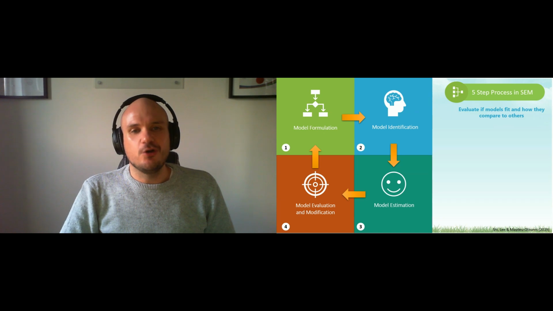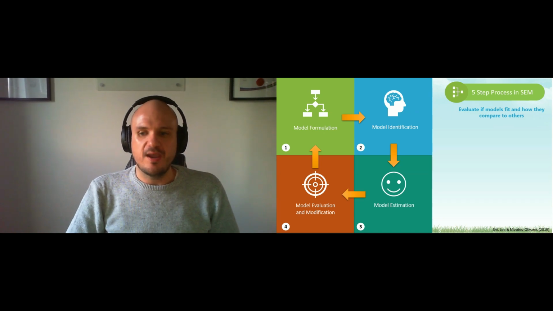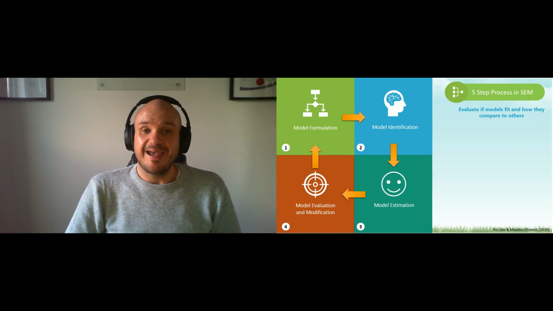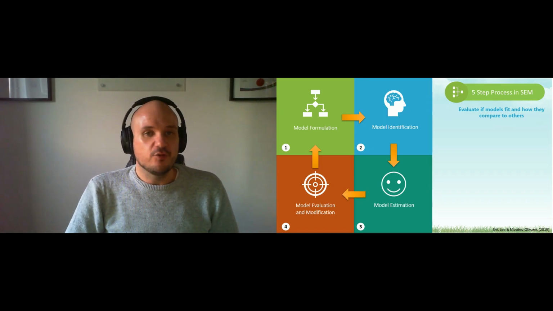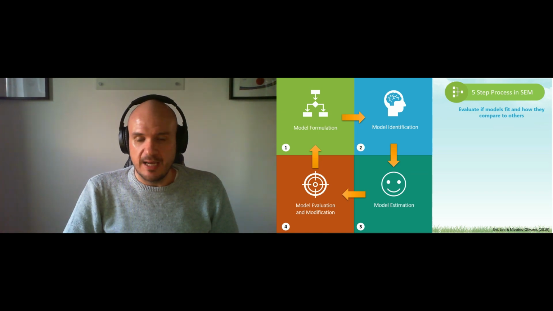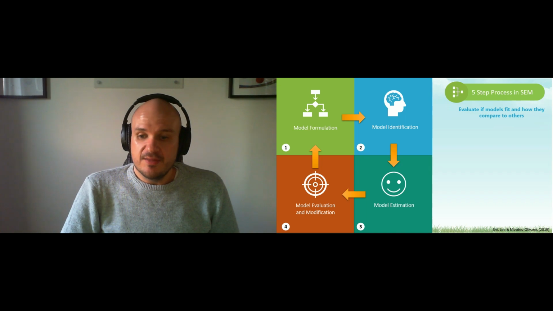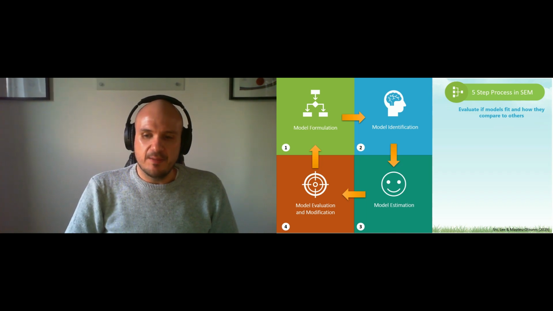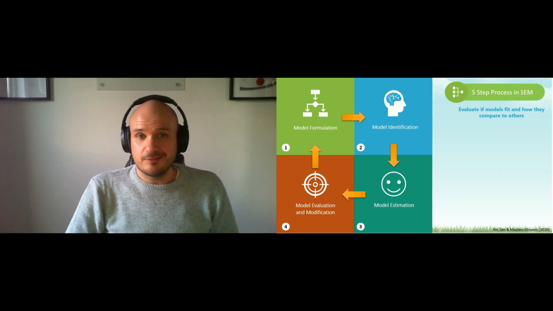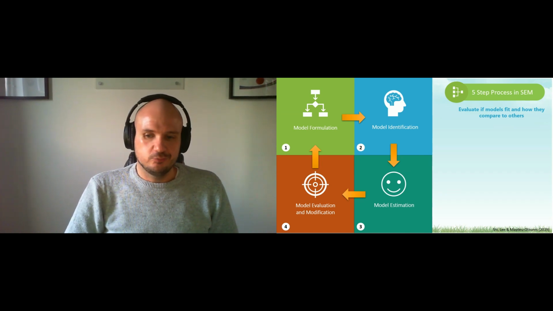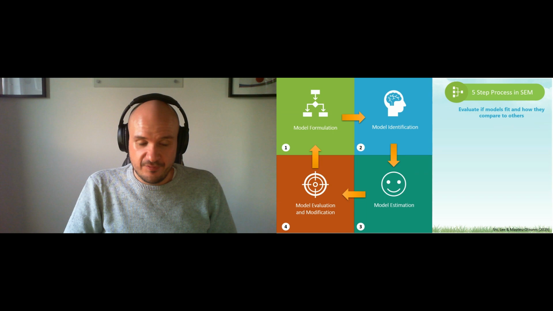If the model does not fit the data, right, we have to re-specify or modify the model in such a way that it can actually converge, that it does provide us with good fit statistics. And I've already made a video about that on one of the micro lectures. So in this instance, for example, we can make a decision to either delete an item, modify an item, or correlate items, whichever way you deem fit.